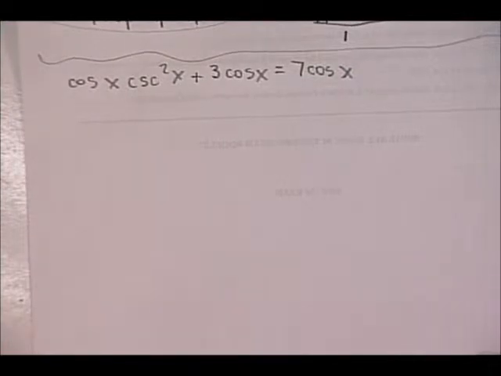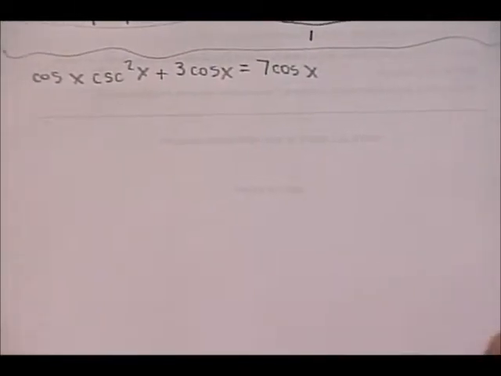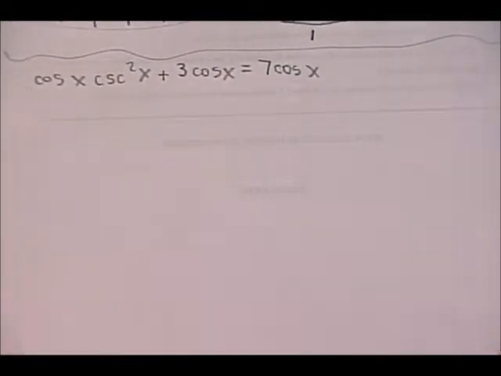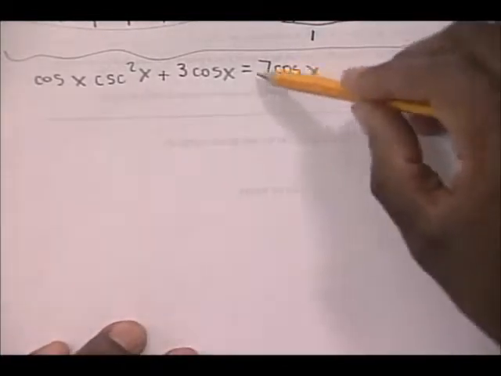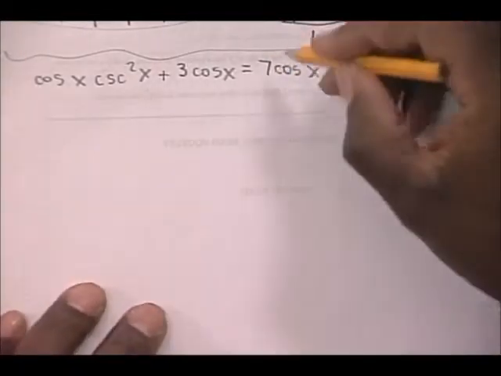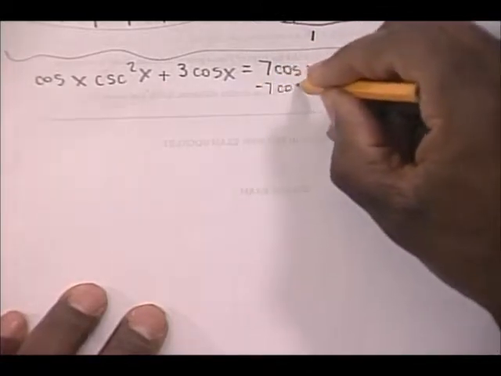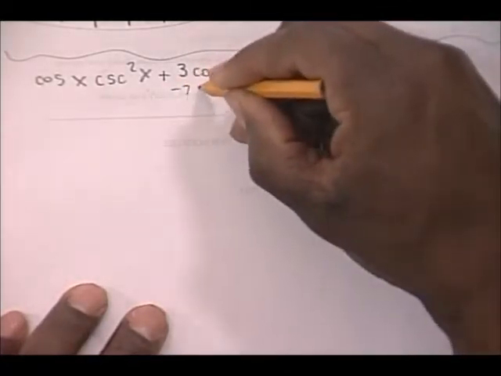This is a problem that I would ask my students to be able to perform. It's an equation I'd ask them to be able to solve on their final exam. All right? So, you want to get this equal to 0, so you'd subtract 7 cosine x on both sides.